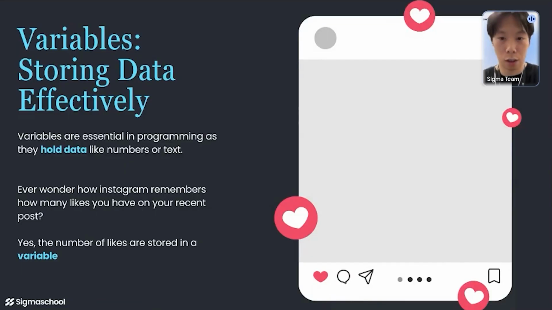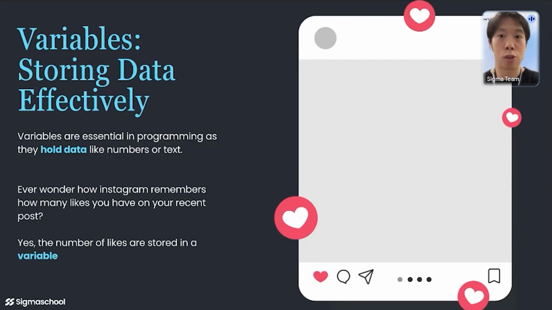So just to give you a perspective of how you can visualize variables, have you ever wondered how Instagram actually stores how many likes, how many followers, and how many comments you have on your Instagram post? Having to always refresh, come back in the next week to be able to see the same exact numbers and the same exact post there, that is basically using variables.